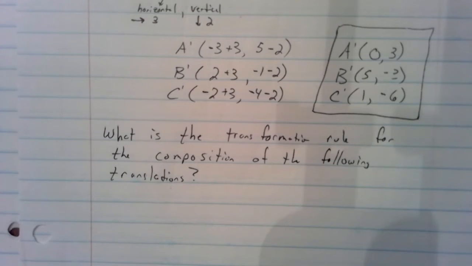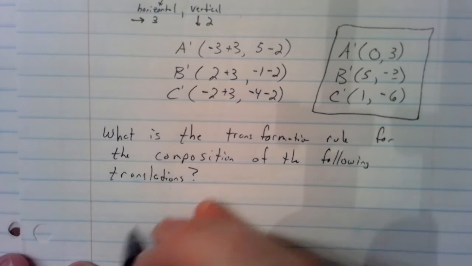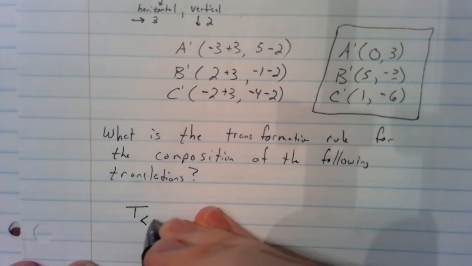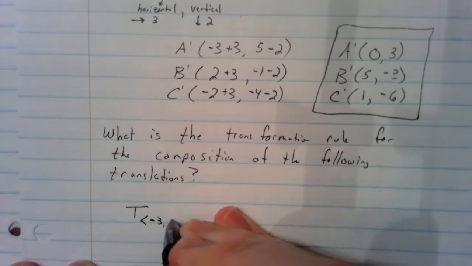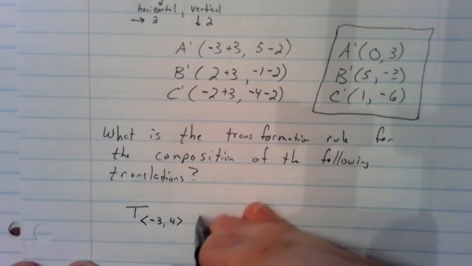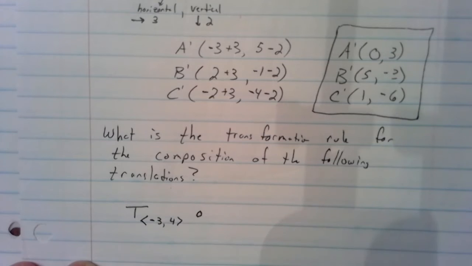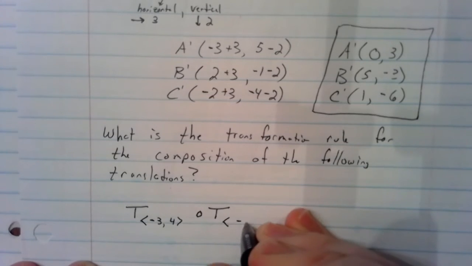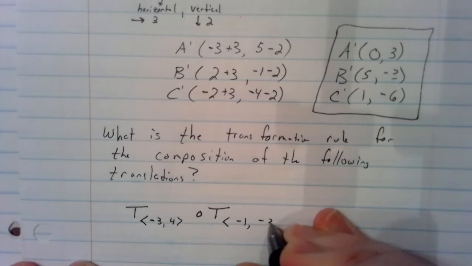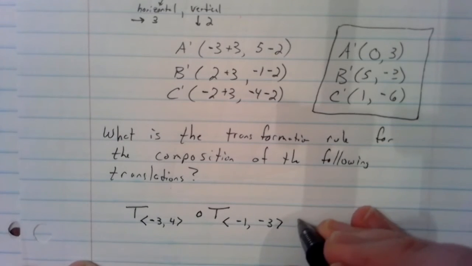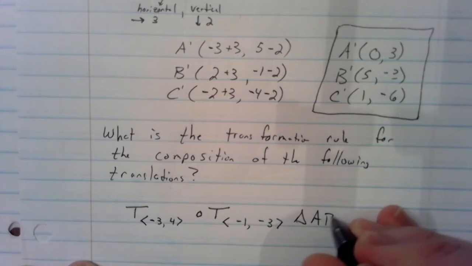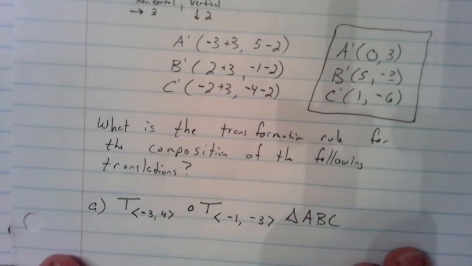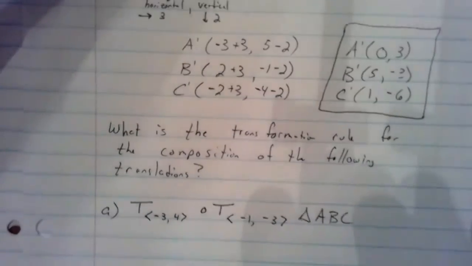Okay, so here, it's really not too bad. We're just going to have T of -3, +4. And this is the symbol for composition, and we're going to compose this with T of -1, -3. Okay, and we'll do that on triangle ABC. So here, if we take a look at this, think about what this is telling us to do.